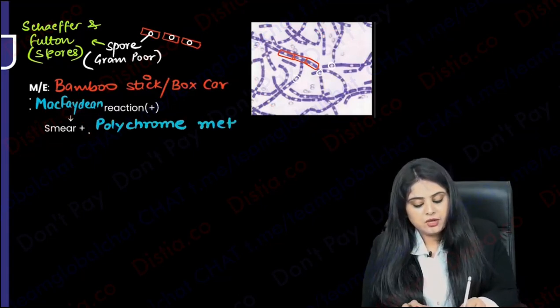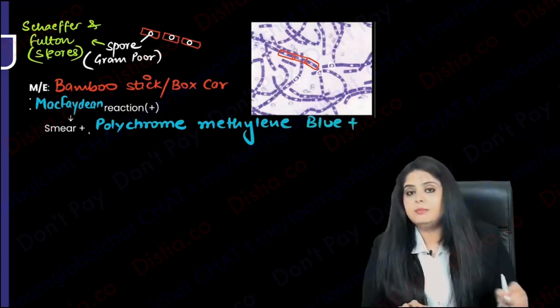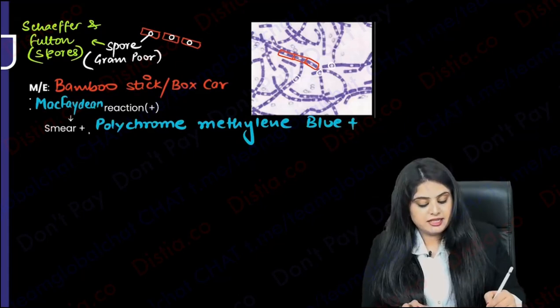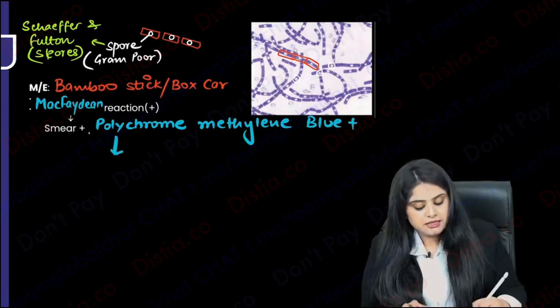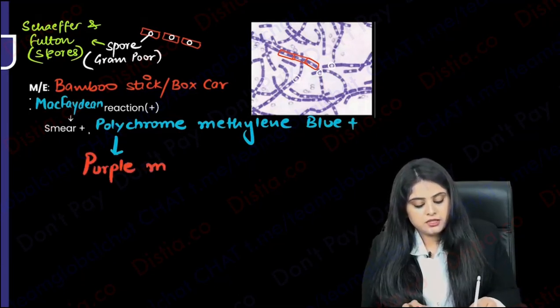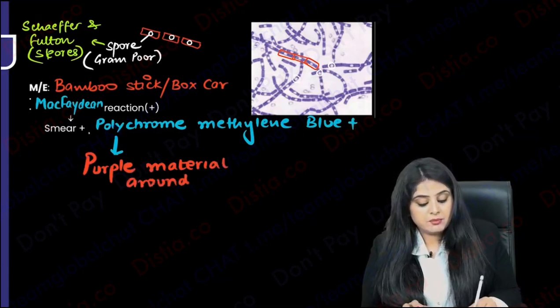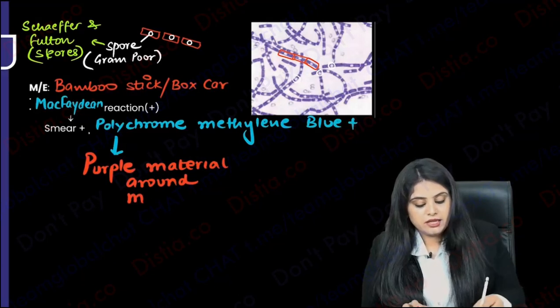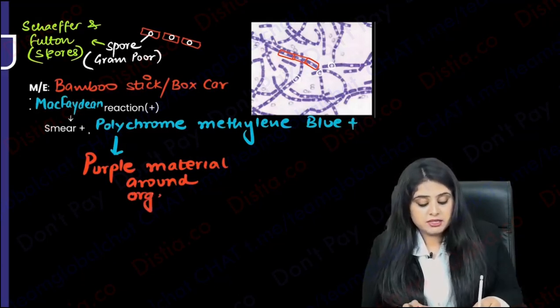On adding polychrome methylene blue, I will realize that there is some purple material noted around the organism. That is going to be the capsular material. Around the organism, if you start seeing some purple material, that means there is a capsule. That is only seen if the capsule is present. So that is known as the Macfadyen reaction.